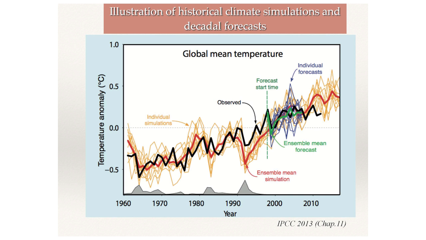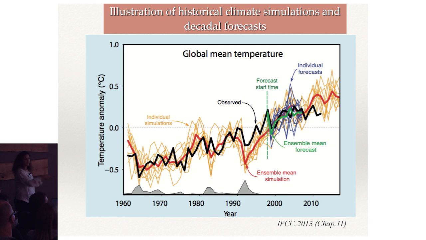So here is what it looks like for global mean temperature, just as an example. The black line is observed global mean temperature, and the different red lines are what we call the historical simulation, so the typical forced run without initial conditions. And the red line is the ensemble mean of this historical run. And what decadal prediction gives you is what is shown here in black.